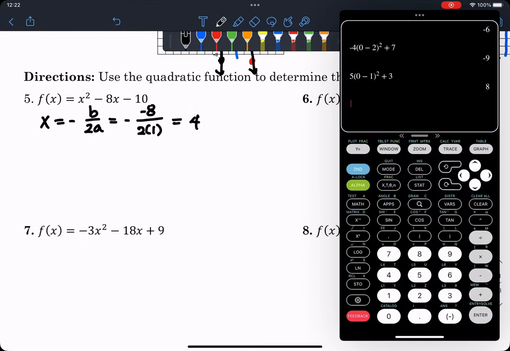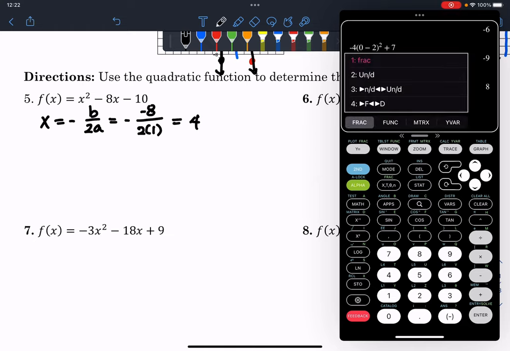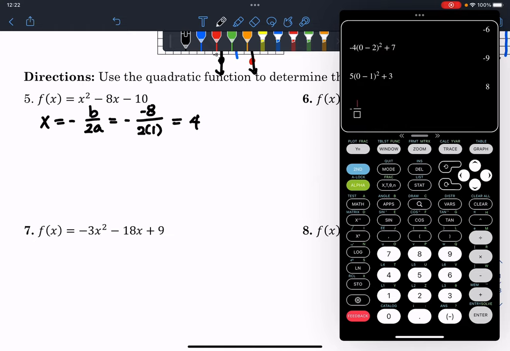We can check this with our calculator, and we end up with 4, so x is equal to 4.